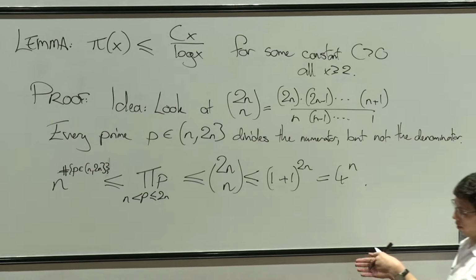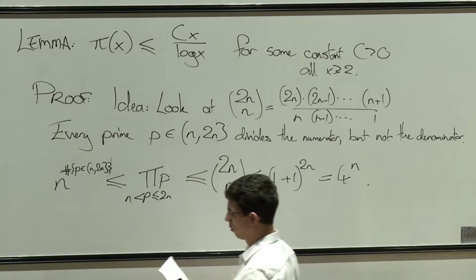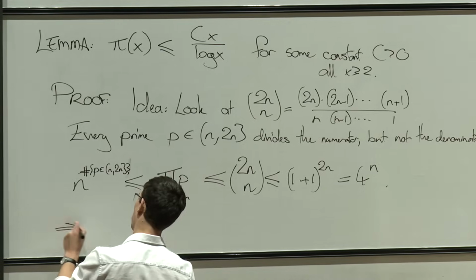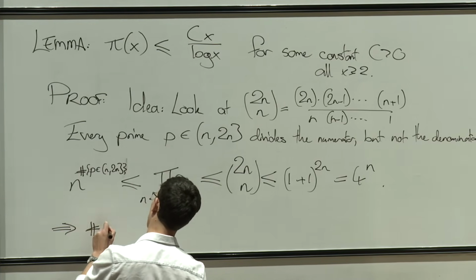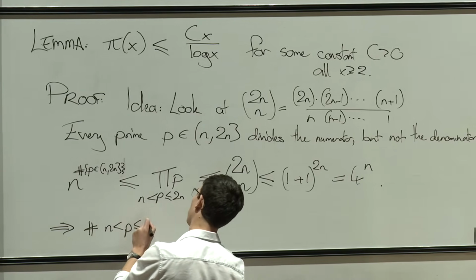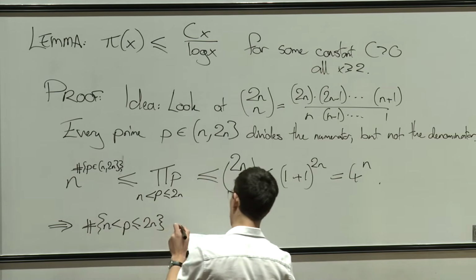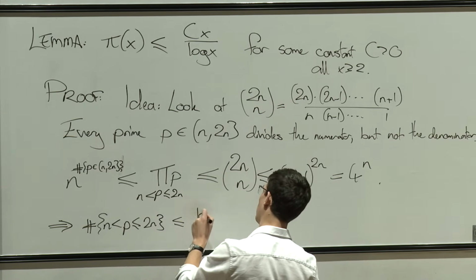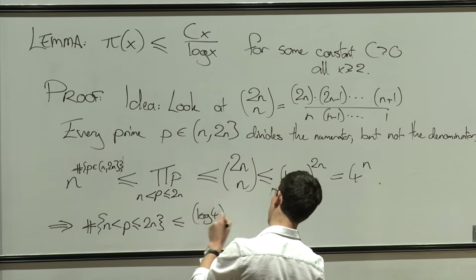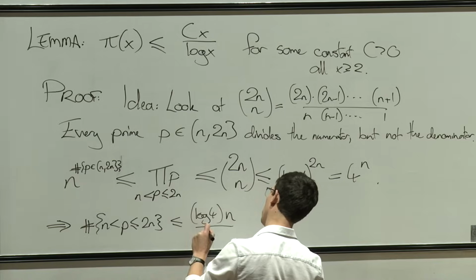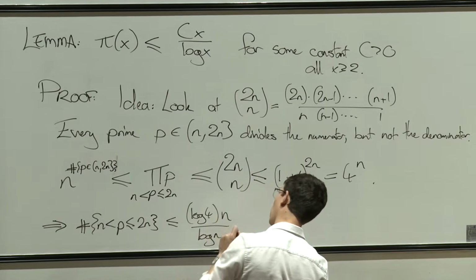And so taking logs and rearranging, we see that the number of primes between n and 2n is bounded above by log 4 times n over log n.